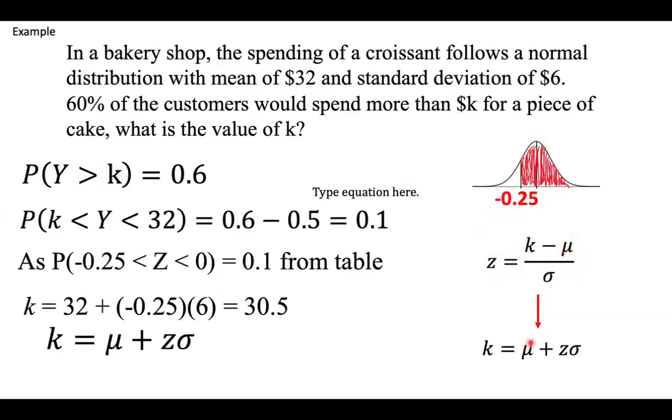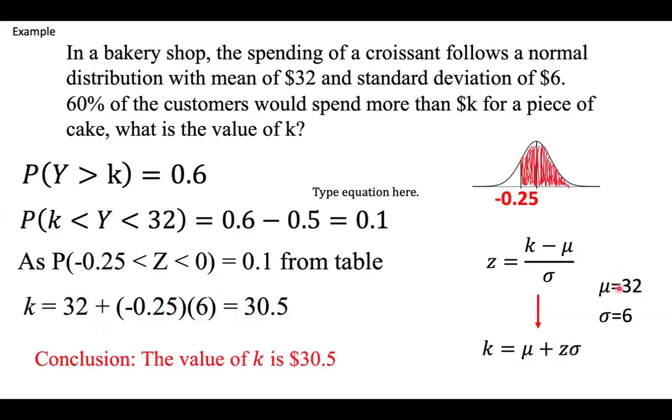Then K equals the mean plus the standard deviation times the z-score. I'll copy this right here: 32 is the mean, the z-score is negative 0.25, and sigma is 6. When you put it into your calculator, you should get 30.5. I'm just going to write it down in case you cannot draw the connection. But anyways, the conclusion is that the value of K would be $30.50.